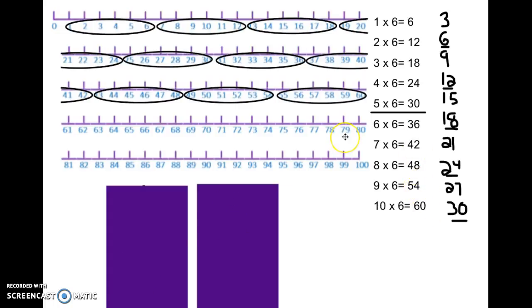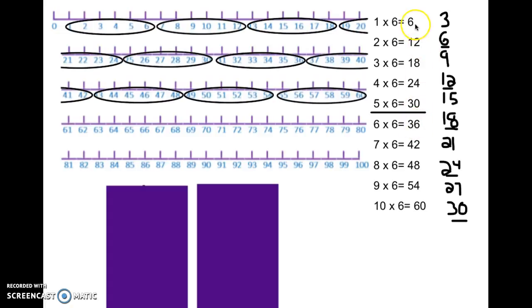Another pattern that you might see is that if you look at the corresponding spot above and below the line, so the first above the line and the first below the line, they're exactly 30 apart. So 6 to 36 is 30 apart.